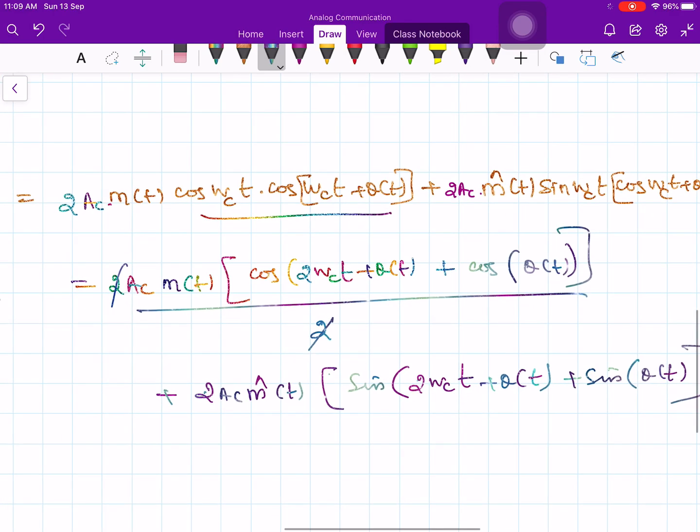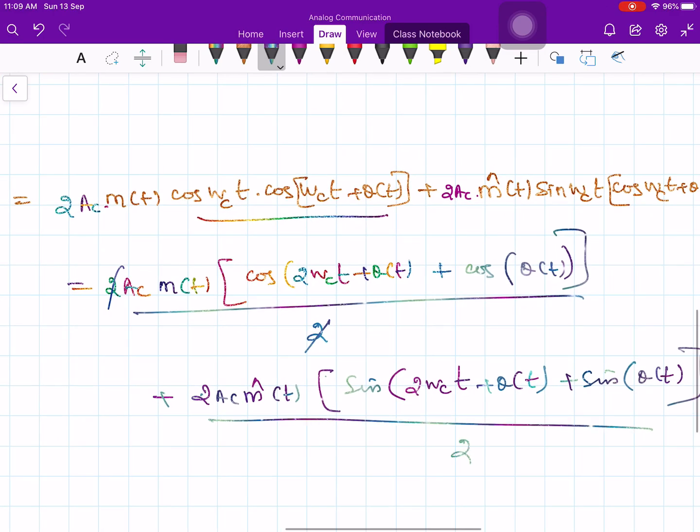Now whole divided by 2, and this 2 and that 2 will get cancelled.